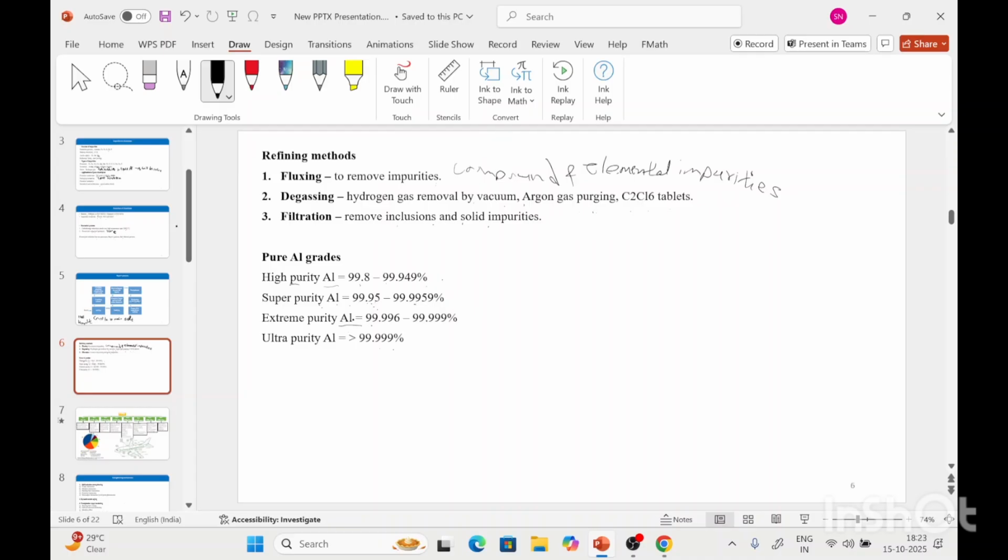The extreme purity aluminum has 99.996 to 99.999% aluminum, and the ultra purity aluminum has greater than 99.999% aluminum in it. So this ultra high purity aluminum is used in electrical application.